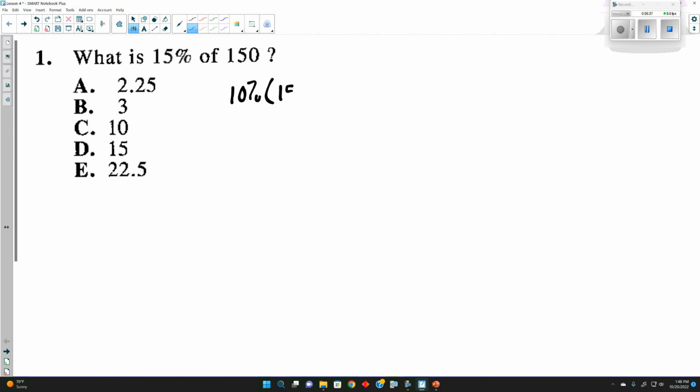Ten percent of 150 is 15, yes? And we're wanting to take 15% of it, yes? So we know whatever the amount is can't be what? Less than $15, yes?